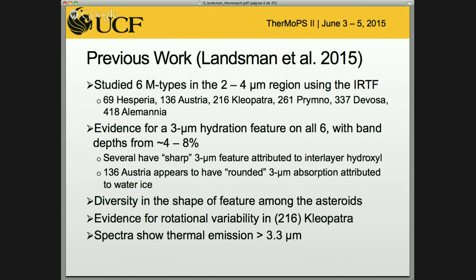What we wanted to do was look, with higher spectral resolution, at that 3 micron feature, because it turns out there's a bunch of different categories or classes of 3 micron features, and that tells you a little bit about the nature of hydration on those asteroids. In our first study, we looked at 6 M-types. We used the IRTF, NASA's telescope in Hawaii. And of that initial sample, we found evidence for a 3 micron hydration feature on all 6.